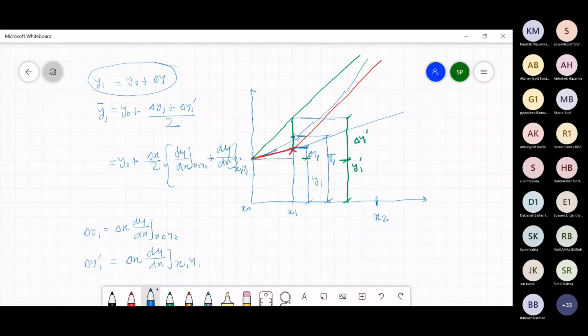If you are drawing the tangent here, that means this is your curve, like this, and this is your y.